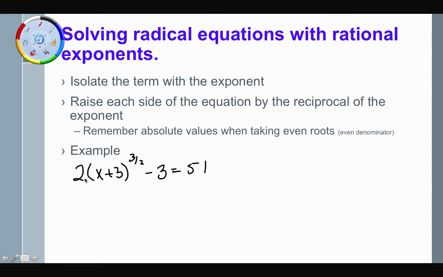So we need to isolate this piece here. So we're going to add 3. We have 2 times x plus 3 to the 3 halves is equal to 54. We need to divide by 2 and divide by 2.